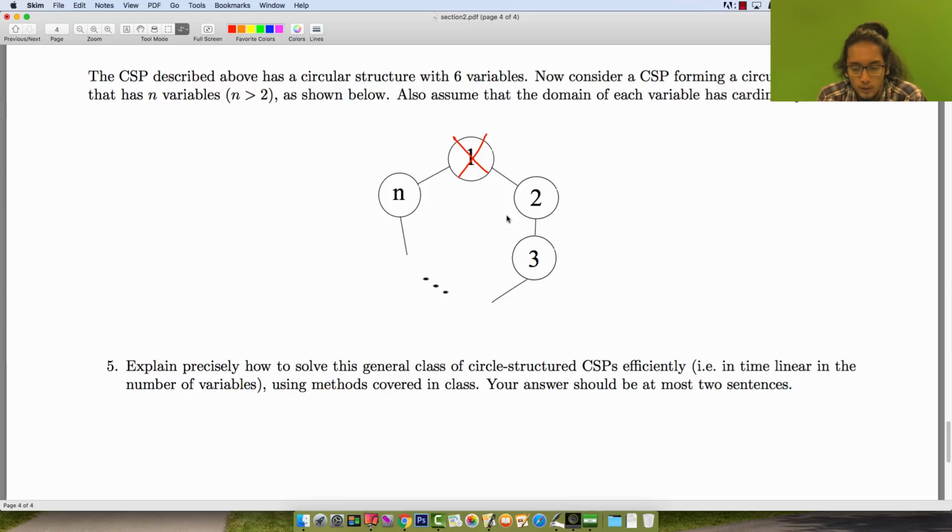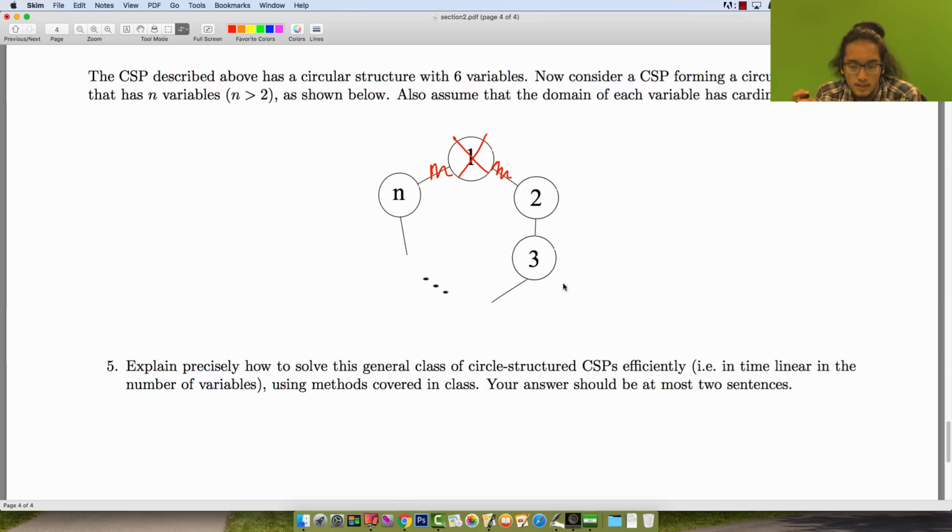Okay, so what can we do next? Well, notice that with this thing gone, the remaining graph has the structure of just a linear chain. It's just from 2 to n, a straight chain where each node is linked only to the next one, right? Maybe you could call it a line structured CSP.